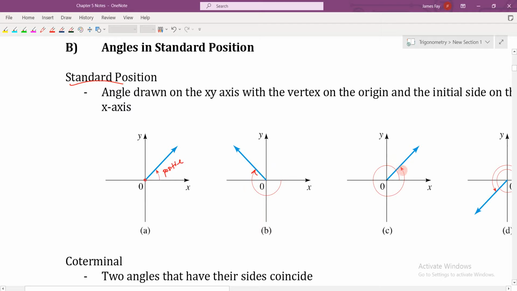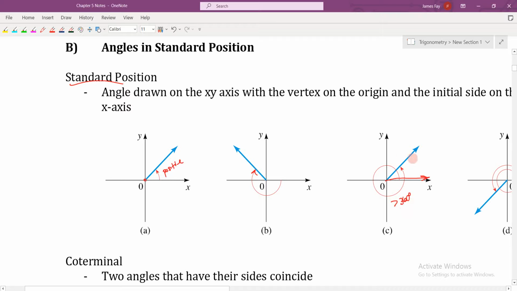This one over here is just basically showing that if this is your initial ray, then that initial ray has traveled one complete rotation all the way around to 360 and then gone a little bit more. So this angle here is greater than 360 degrees.